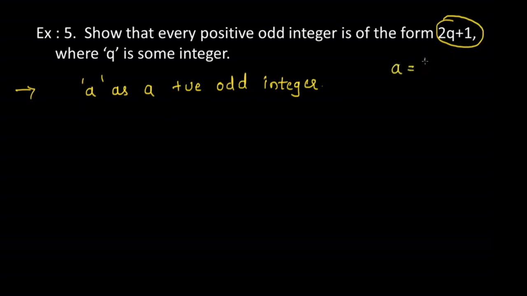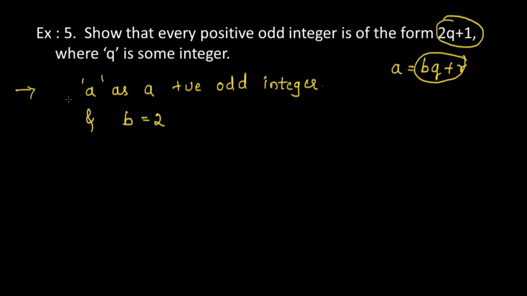The condition is a equals bq plus r. So this RHS part of Euclid's division lemma is the same as this equation. In the place of b, you have the value 2, so the value of b equals 2.